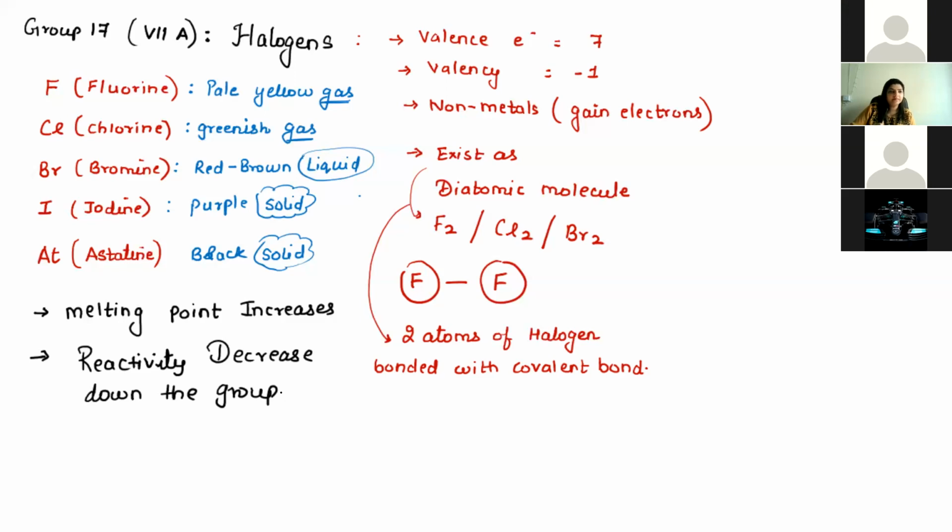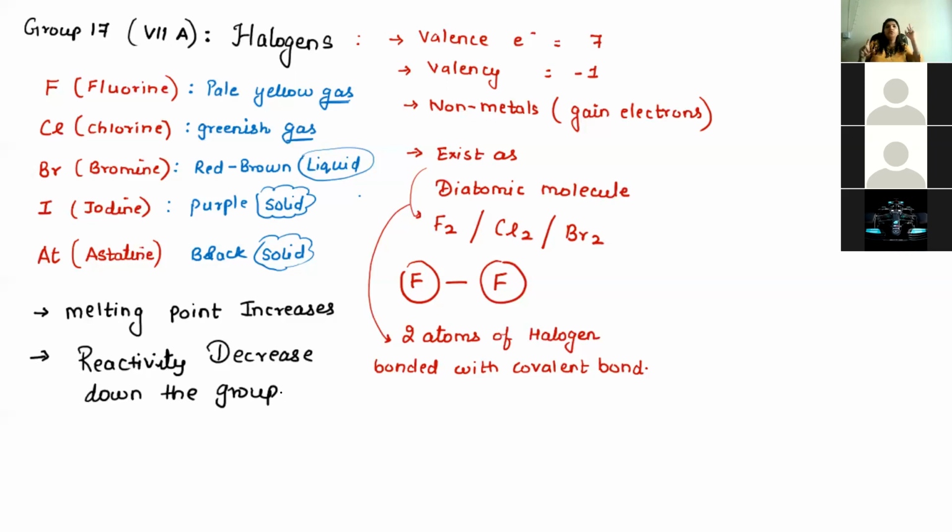Yes, Nafisa. Gas has the most. Correct, gas has more kinetic energy. So if you are going down, down, down, and it's becoming solid, can I say the kinetic energy will decrease? If the energy of the particle decreases, the reactivity also decreases.